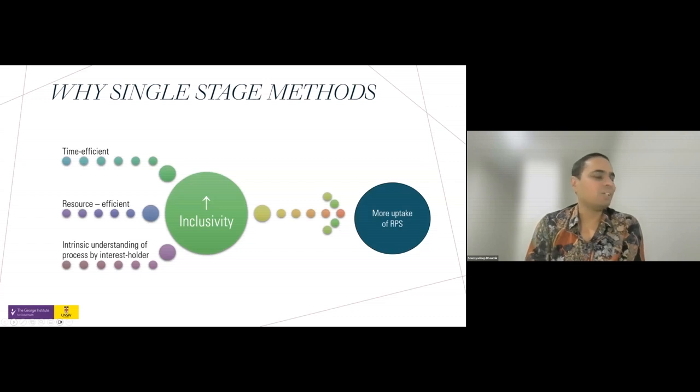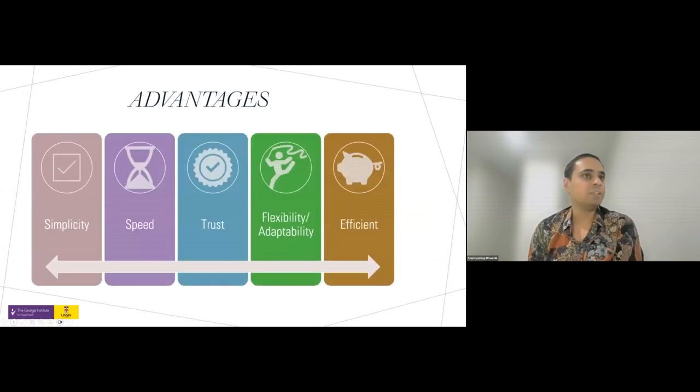Everybody understands if it's a single stage, it's so simple. And the hypothesis is that if that happens, we can do better inclusivity and probably lead to more uptake of research priority setting.